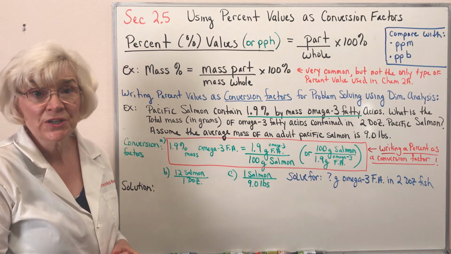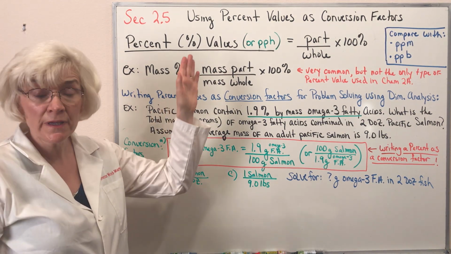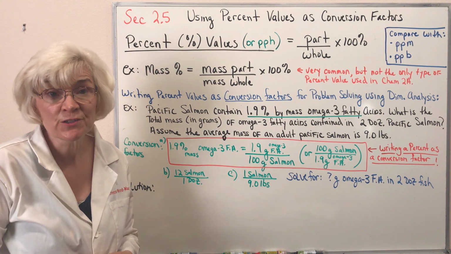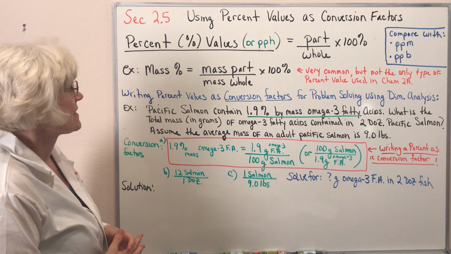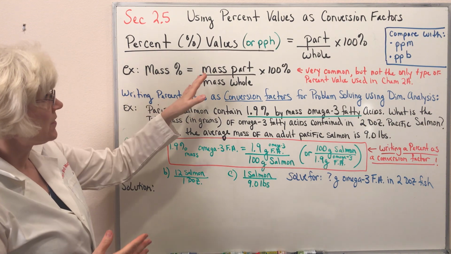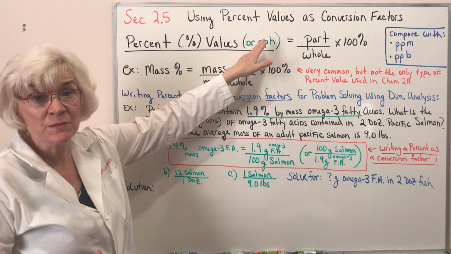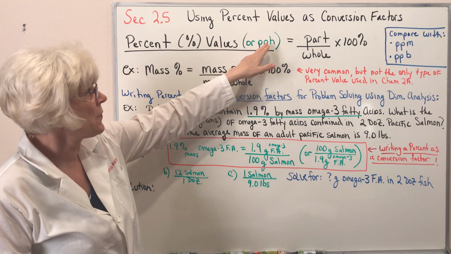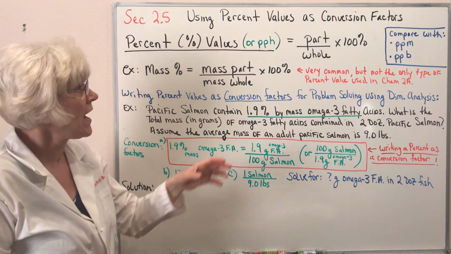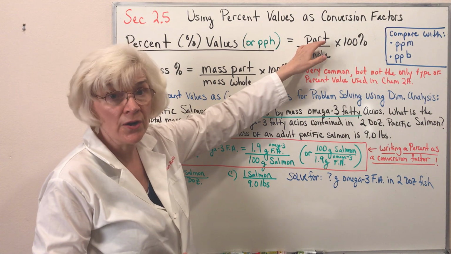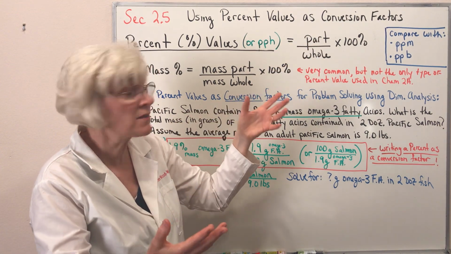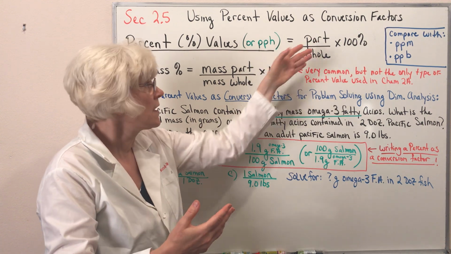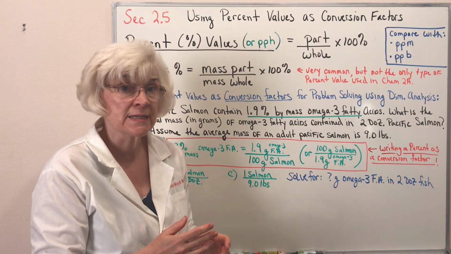We're now going to turn our attention to how we can use percent values as conversion factors in dimensional analysis. Percent values, otherwise known as PPH, which stands for parts per hundred, are calculated by taking the part, whatever it is that we're interested in looking at, and comparing it to the whole or total of which that part is contained.